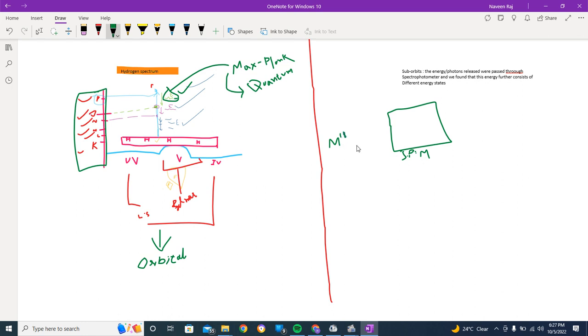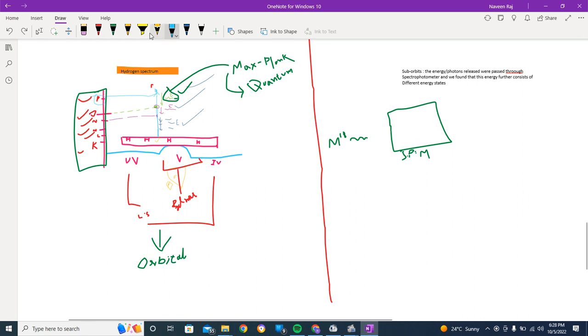I'm taking a big number to make it clear in a single shot. We've seen that energy is radiating from it. Now this energy is passed through the spectrophotometer, a device that splits or analyzes energy. I don't know that much about it, but it does something useful.